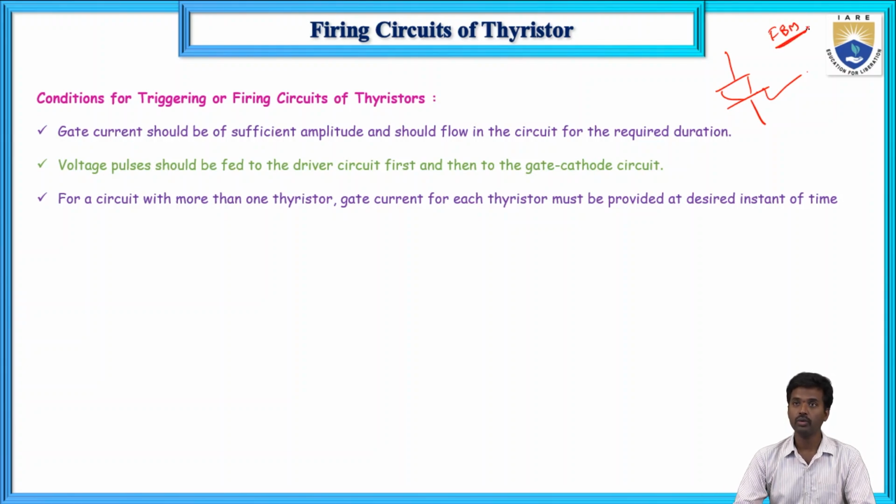To conduct, the SCR should be in the forward conducting mode, but it is in the forward blocking mode. To turn on the SCR, that is, to bring it into forward conducting mode, there are different turning on methods. First one is the gate triggering method, second is forward break over voltage, third is the dV by dt method, fourth is the light triggering method, and fifth is the gate triggering method.